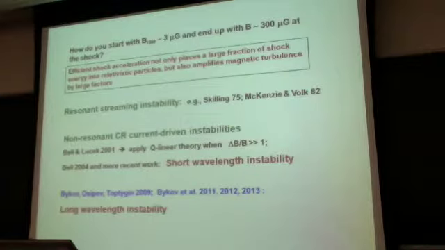And this is done by instabilities. You have the resonant streaming instability, which has been known for a long time, and now you have these more recent ideas that you have these non-resonant cosmic ray current-driven instabilities. And this business, these non-resonant instabilities, was basically understood by Tony Bell.